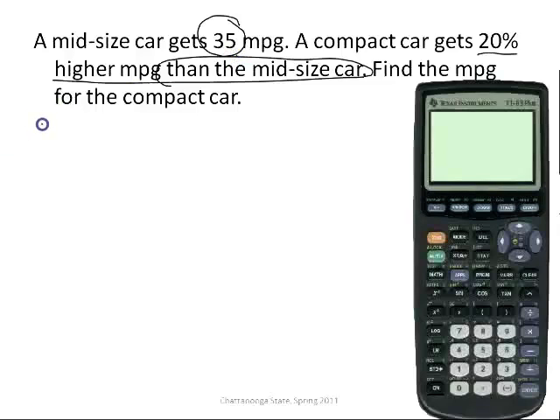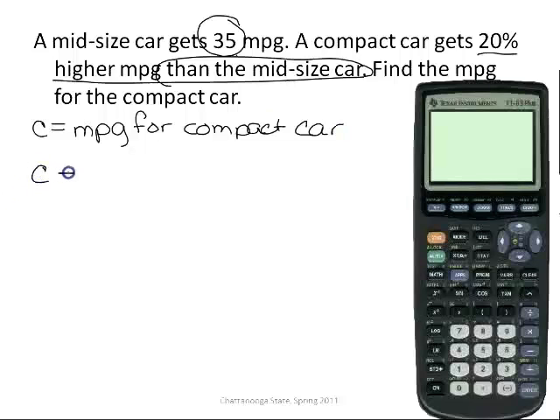So if I use, let me say, a C to represent what I don't know, the miles per gallon for the compact car, then what I know about that C is it's going to be 20% higher than the mileage of the mid-sized car.